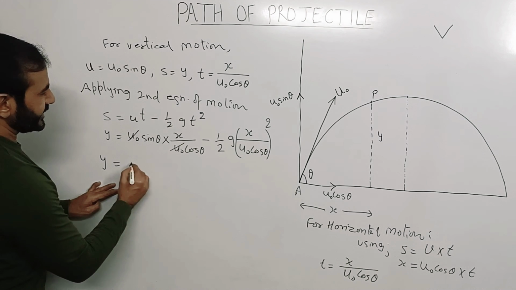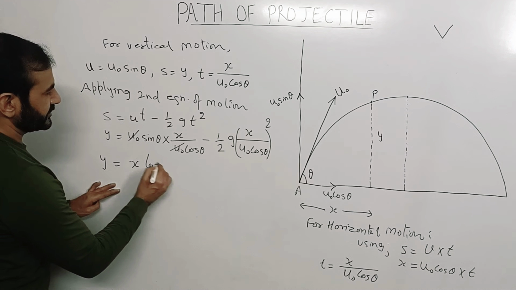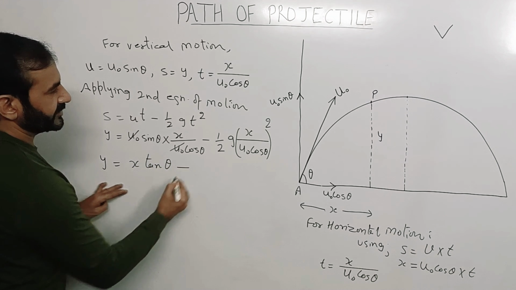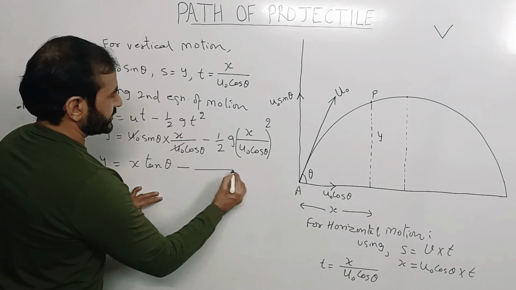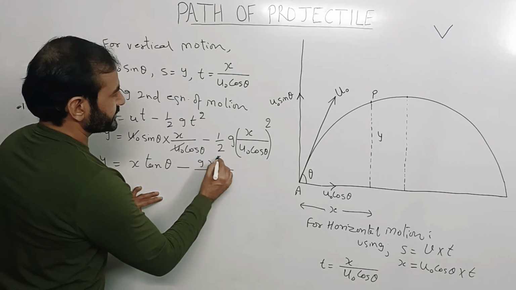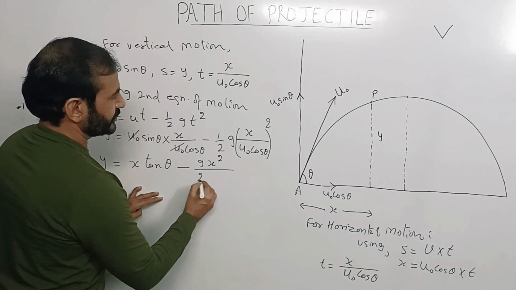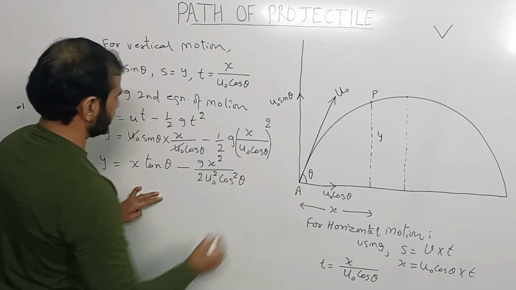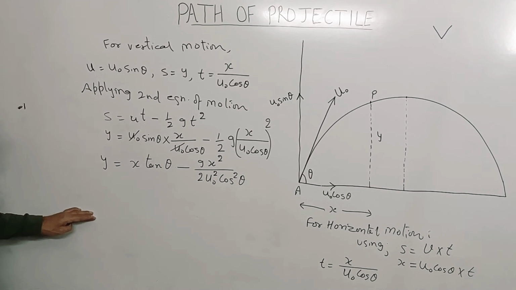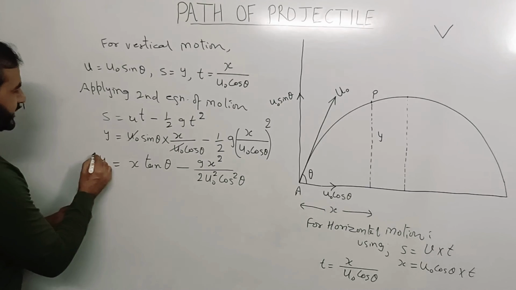Then we can write it x tan theta. What is here? G x square upon 2 u naught square cos square theta. This is the equation for projectile motion.